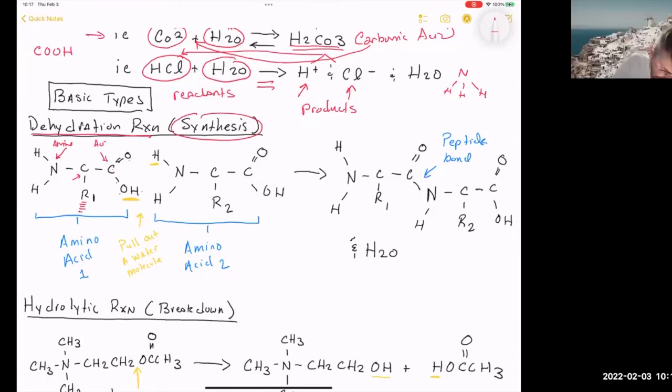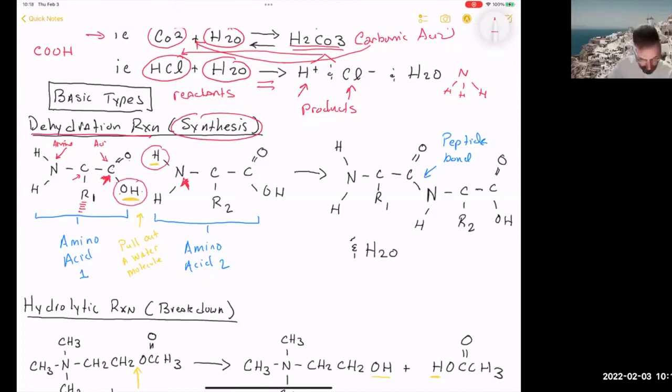So we have these 2 amino acids, and we bring them together, and we want to combine the carboxylic acid part of one amino acid to the amine part of the other amino acid. So what we're going to do is pull this hydrogen off and this hydroxyl group off.